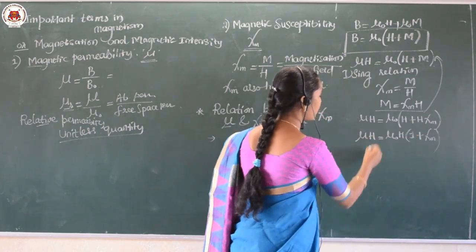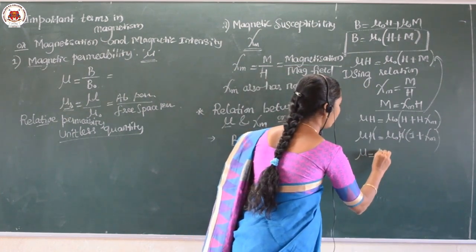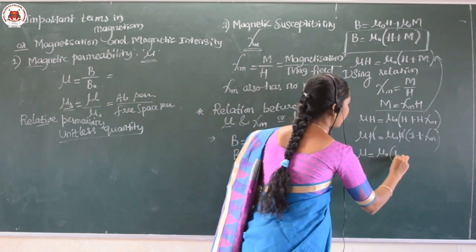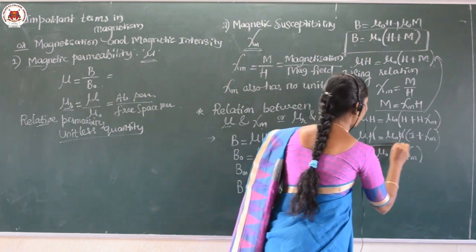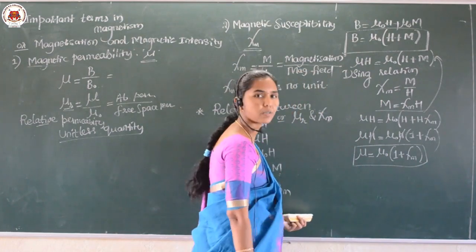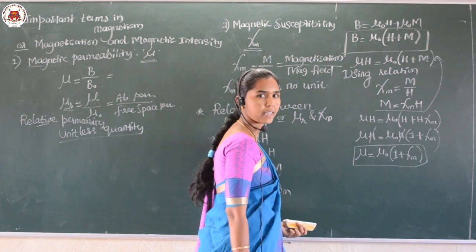H gets cancelled, then mu is equal to mu naught into bracket 1 plus Xi m, which is one of the important relations between permeability and susceptibility.